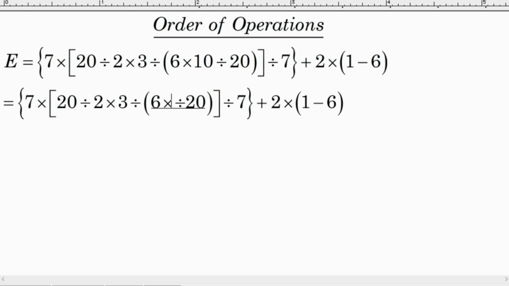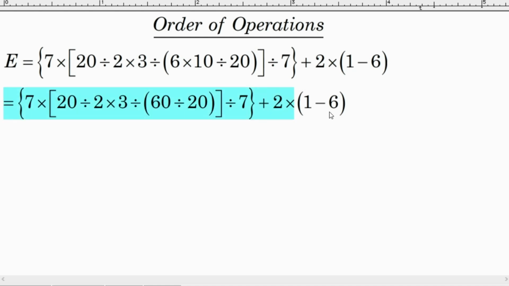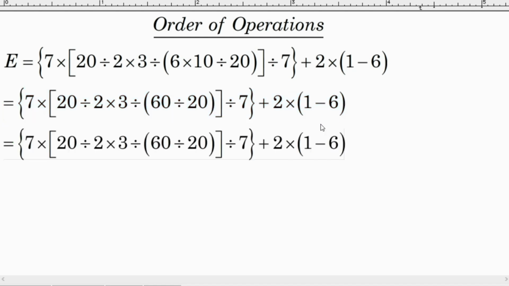So again we have to calculate 60 divided by 20. Let me copy the whole thing again so it doesn't take me so much time to write. But you just remember that we have to do this first. Now 60 divided by 20 will be equal to 3.